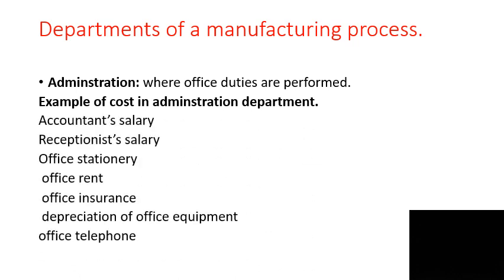Some costs under this department are accounting salary, receptionist salary, office stationery, office rent, office insurance, depreciation of office equipment, and office telephone. I want to say this at the beginning, that we have 3 departments, and these expenses need to be shared. So you are going to notice as we do the factory overhead costs, there's need to share these expenses according to the departments.